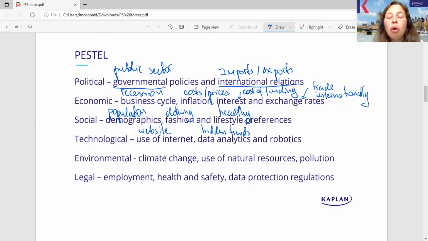Finally, we need to think about the use of robotics and automation. If you are working for a manufacturing organization, you might notice that the use of robotics is already widespread, let's say in car manufacturing, and more automation is likely in every sphere of organizational functioning.